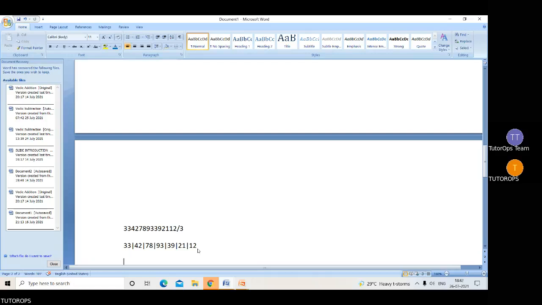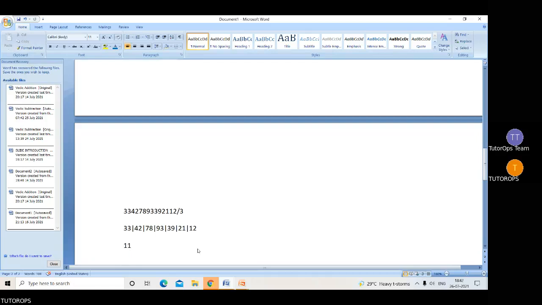So 33 divided by 3 is 11. Then the next part will be 14. Then the latter part will be 26. Then 31. Then 13. Then 7, but here we will write it as 07 because there will be 2 digits, and then the final result is 12 by 3 will be 4, but we will write it as 04.